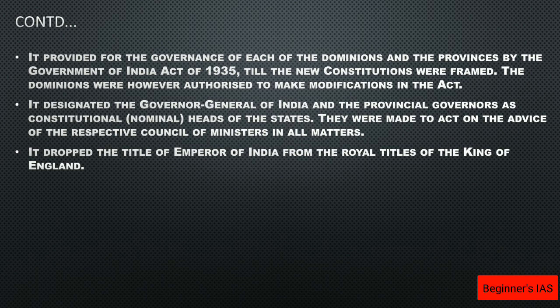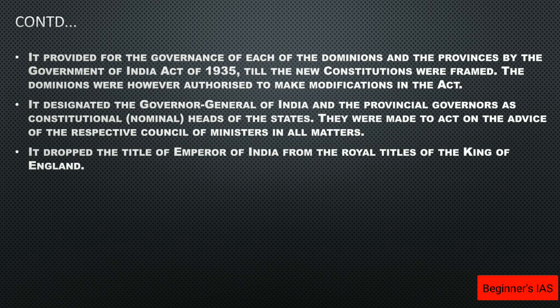So according to that, at midnight of 15 August 1947, the British rule came to an end and power was transferred to the two independent dominions, that is India and Pakistan, by which Lord Mountbatten became the first Governor General of the new Dominion of India. Note that after 1947, Lord Mountbatten became the first Governor General of the new Dominion of India.